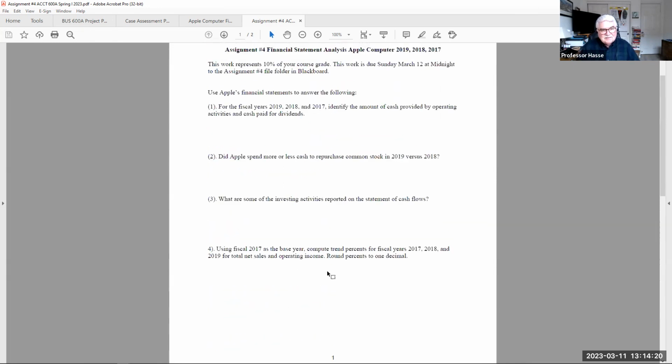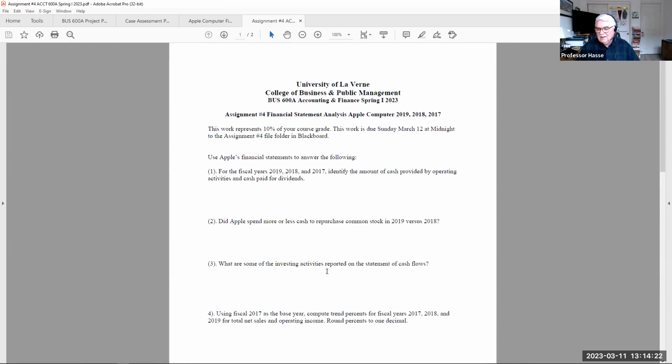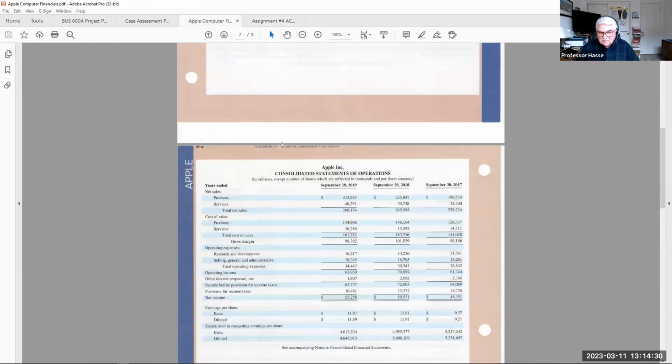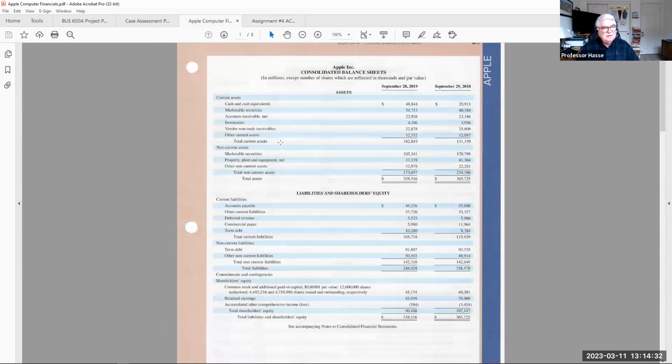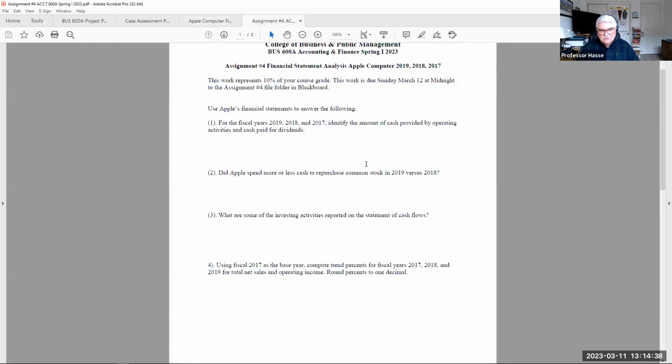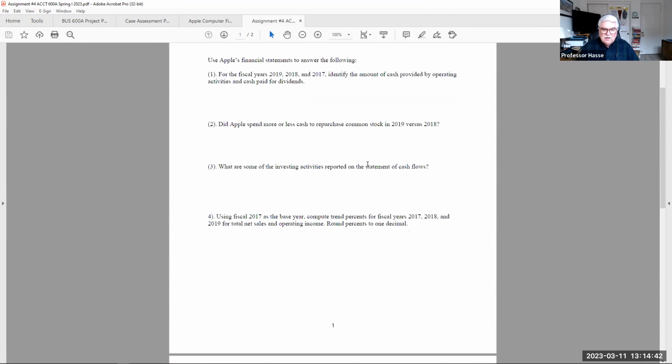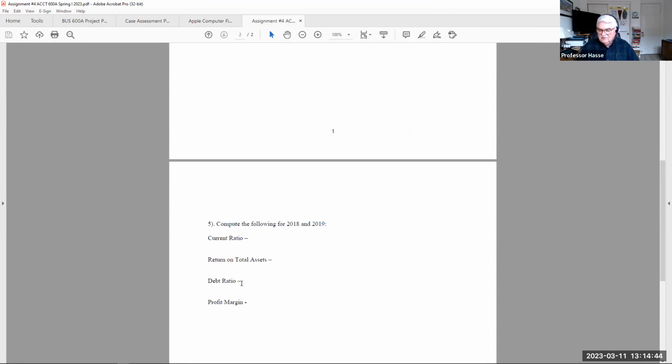So that's assignment 4. It's good practice about how to look at financial information, and sources to use for financial information. Naturally, you can use the sources that I've given you here as information, and however you want to do it, just put that together. And remember, this assignment is not a paper. It's just giving me data and your analysis of that data. So show your calculations for these analyses.